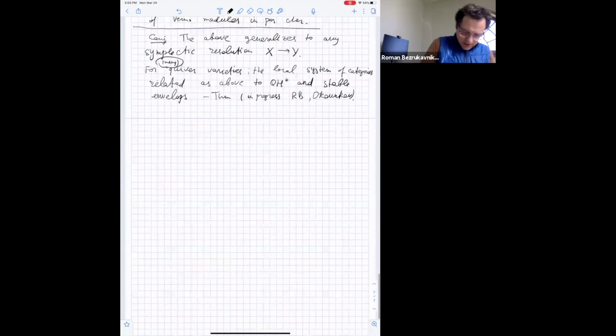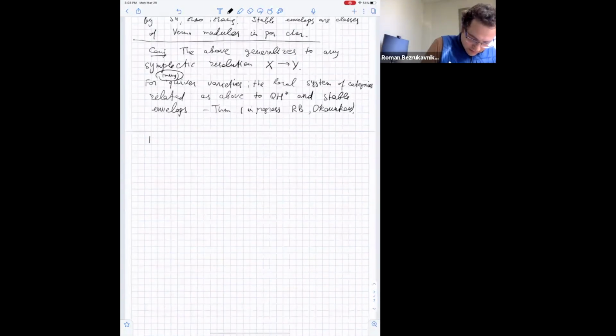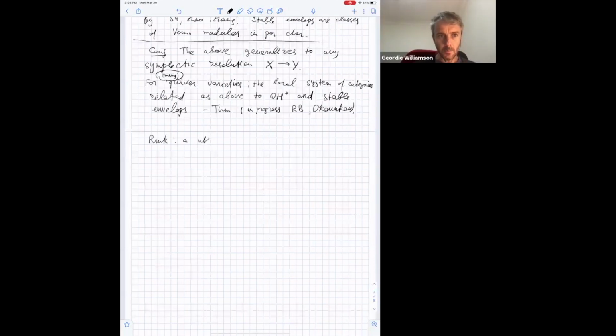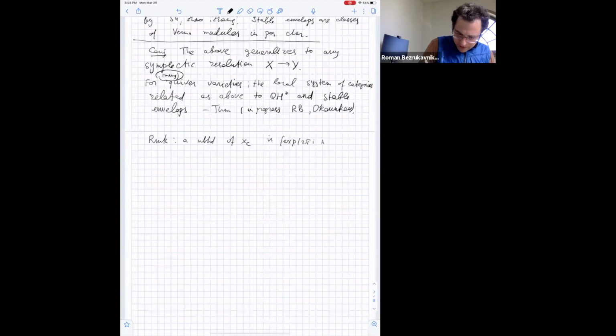So, remark, a neighborhood of xc is that of x to pi i lambda, where lambda is in V_R plus iC, something like this.